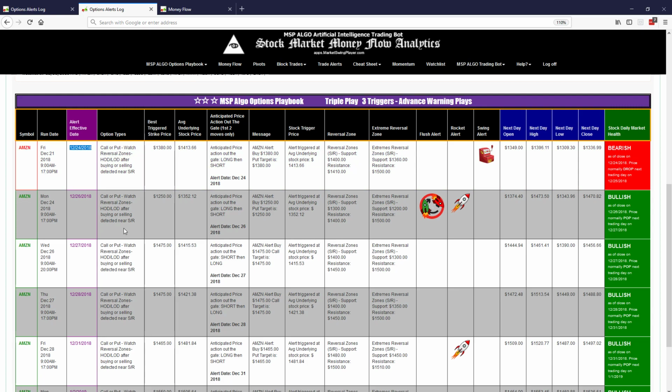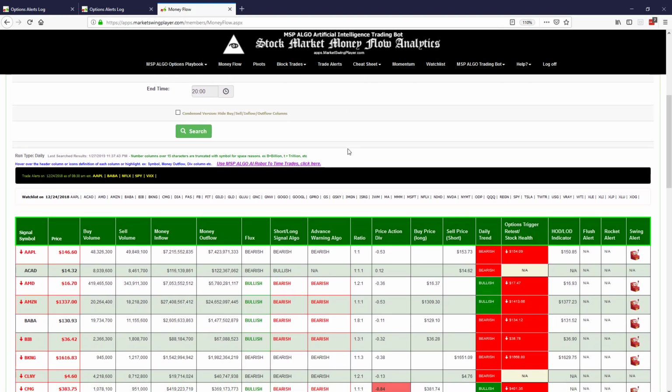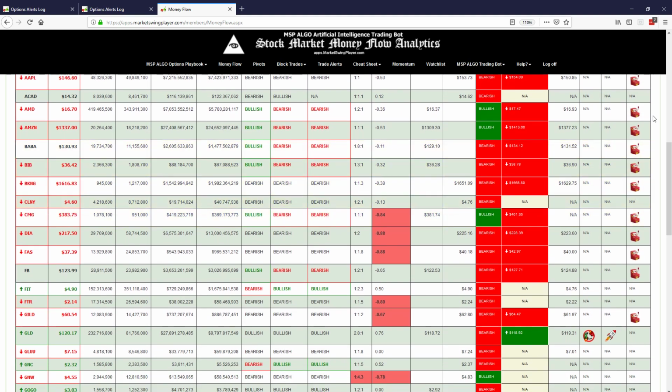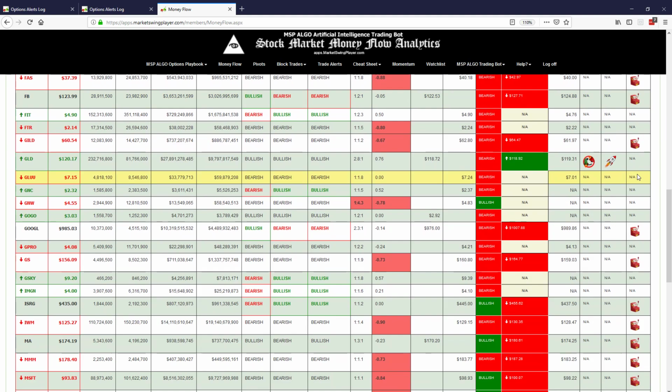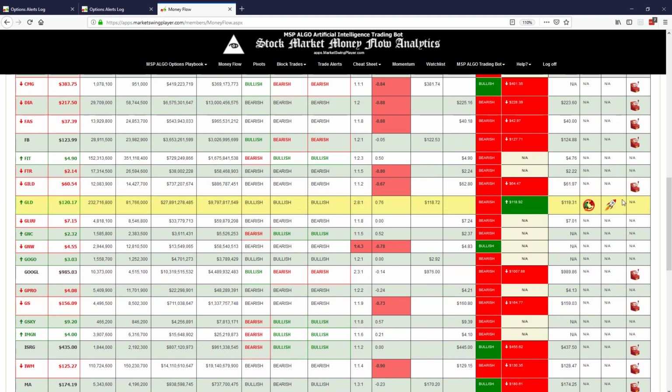So on the day of the alert, you could go to the money flow page, and after the 940 run, let's say 945, you look and you can see what type of alerts came out. As you can see, all sorts of alerts came out. Most of the alerts on the 24th of December were swing alerts, and we had a few alerts that came out simultaneously, a flush alert and rocket alert.